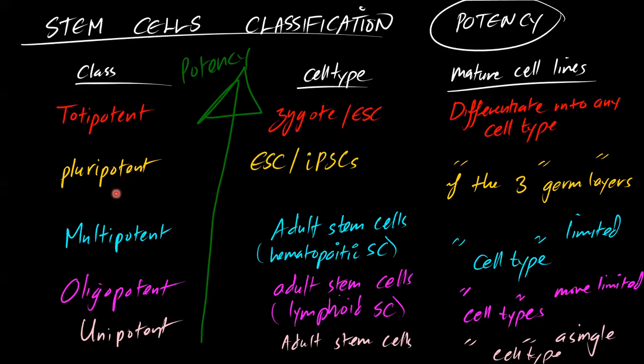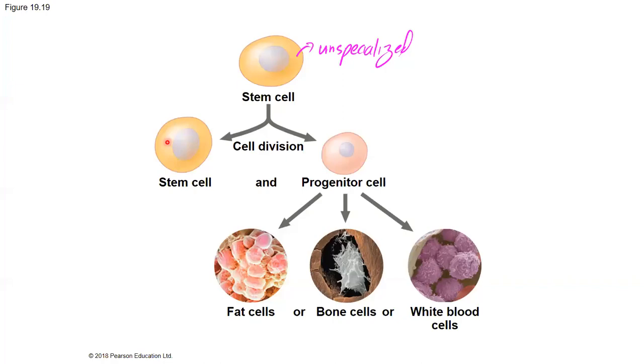Pluripotent cells are also found in the embryonic stem cells, and they could be induced. We have also multipotent, oligopotent, and unipotent. These are types of stem cells, mainly adult stem cells, with lower potency compared to pluripotent and totipotent cells.